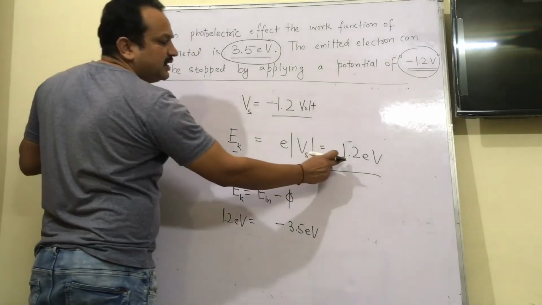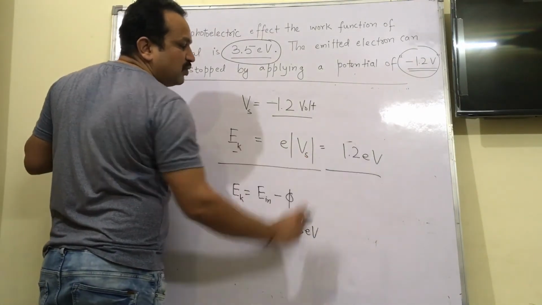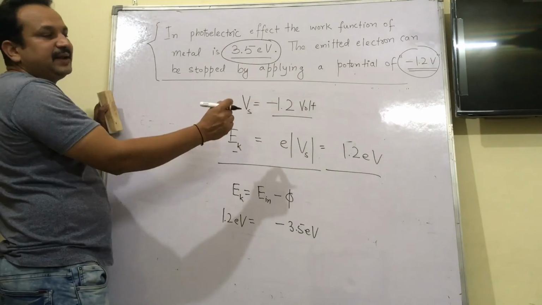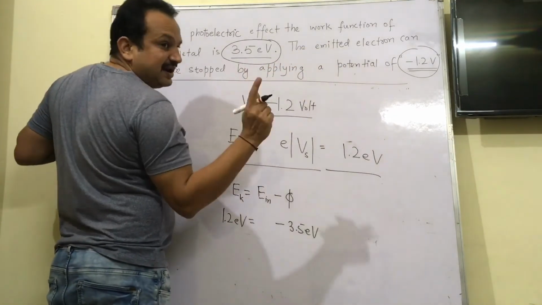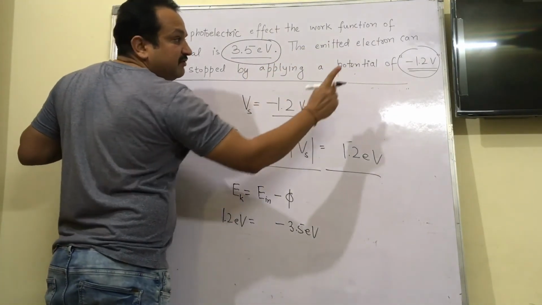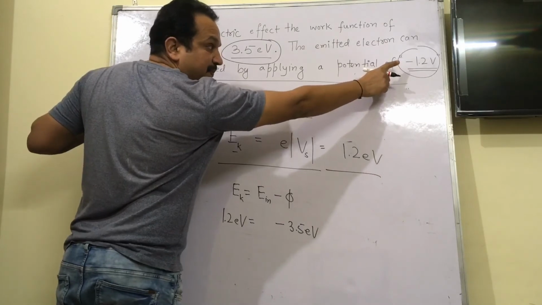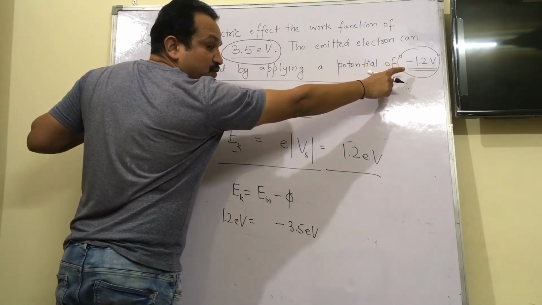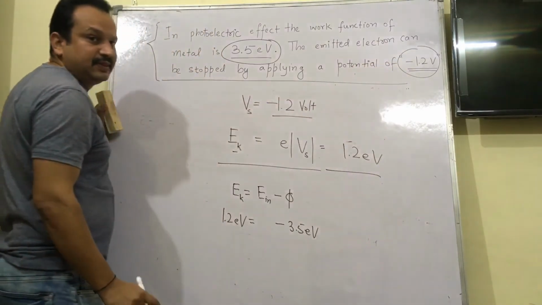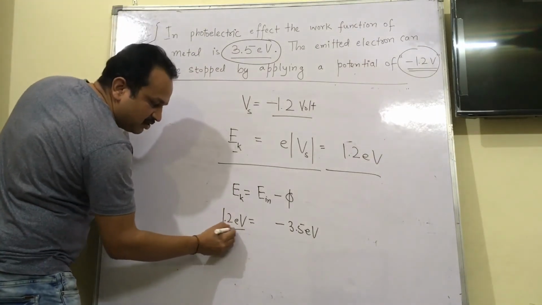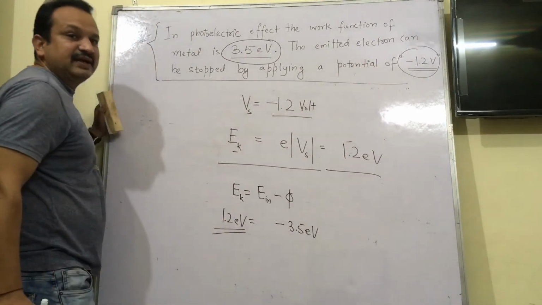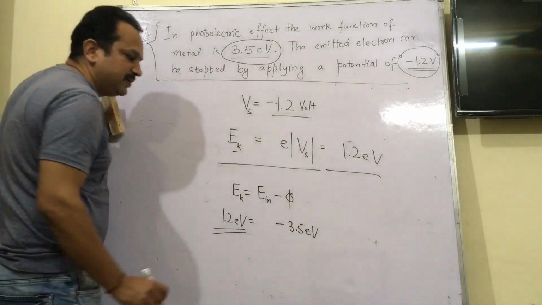Why am I writing 1.2 electron volt? I am just considering that to stop 1 electron, we need to apply 1.2 volt. So that's why I have written it here in the form of electron volt.